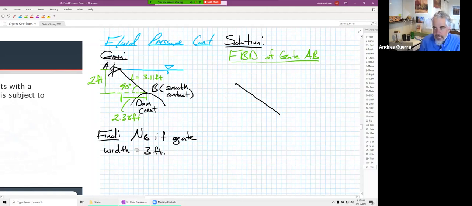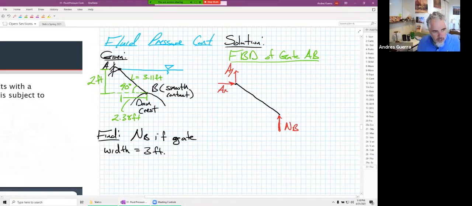And then at A, this is a pin, so this is going to be an AX and an AY. And then down here, it's just a smooth contact, and we're assuming it's right there at the top of the crest. And so we're going to have this NB, and that's what we're looking for. So there's our support reactions.